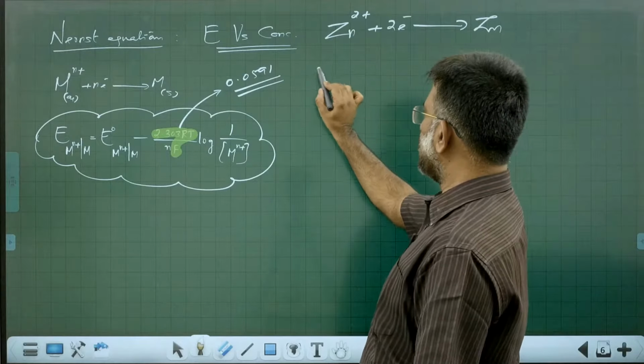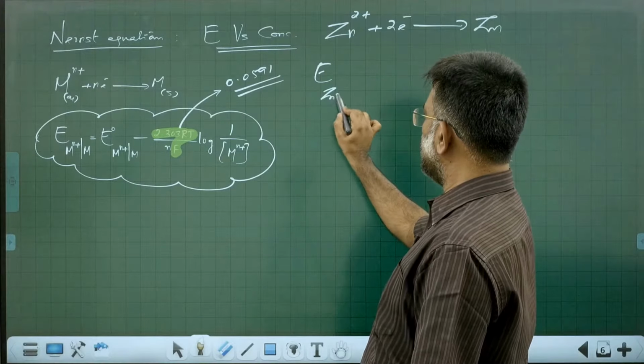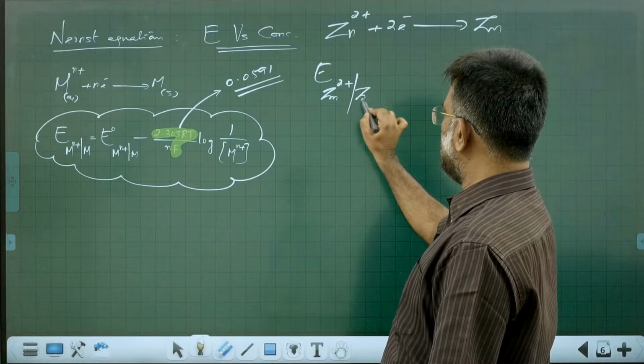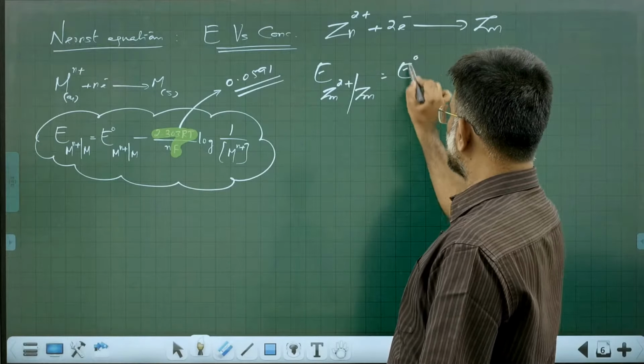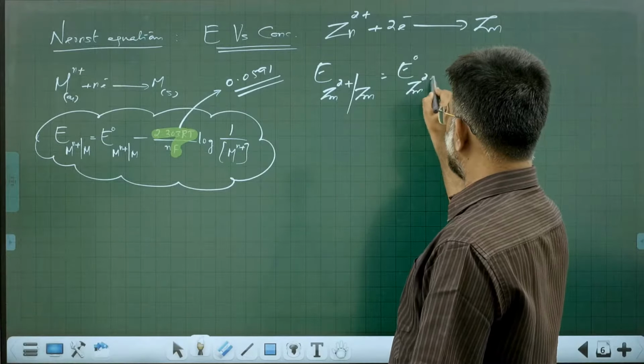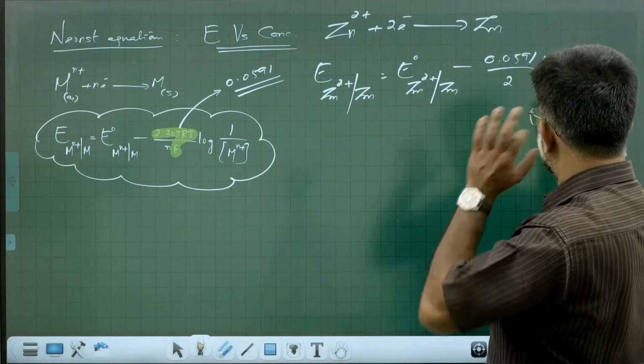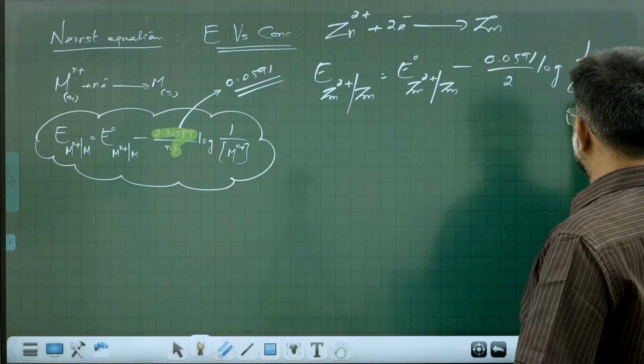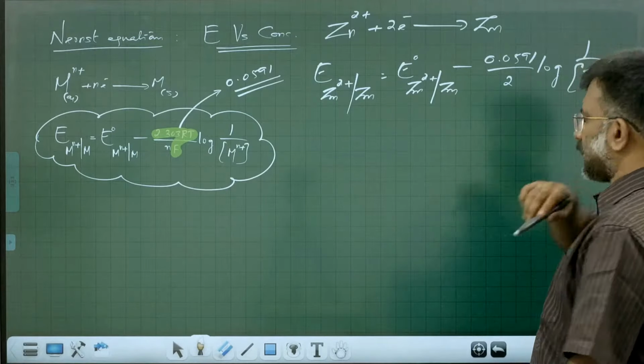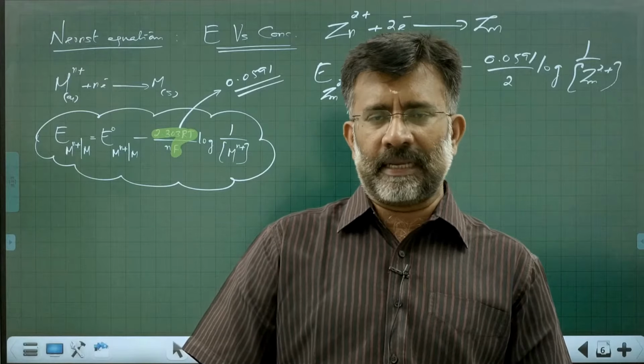The equation will be E(Zn2+/Zn) equal to E°(Zn2+/Zn) minus 0.0591/2 log 1 by the Zn2+ concentration. This will be the Nernst equation for the zinc electrode.